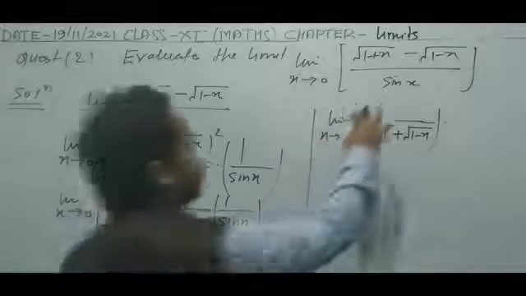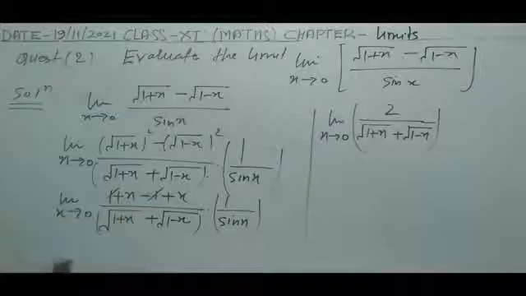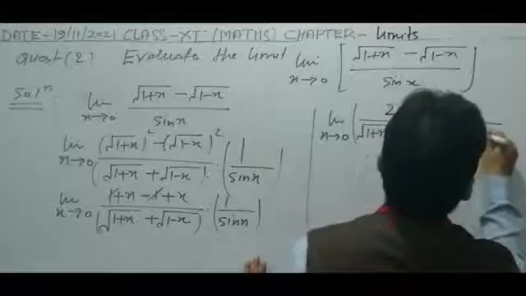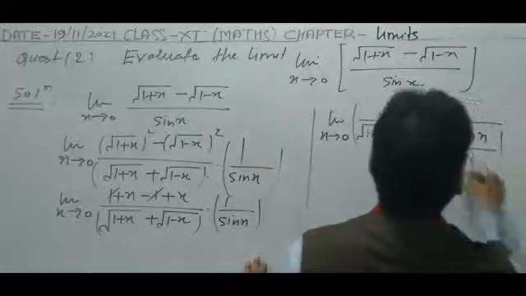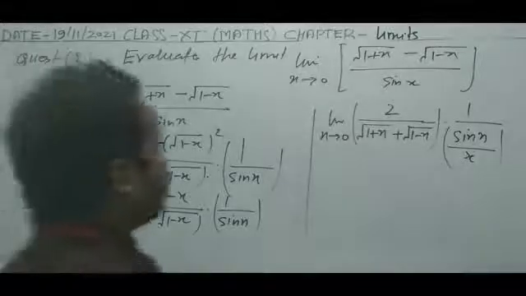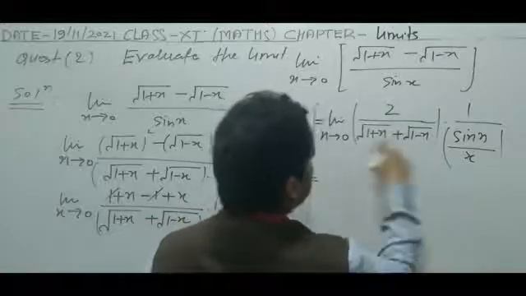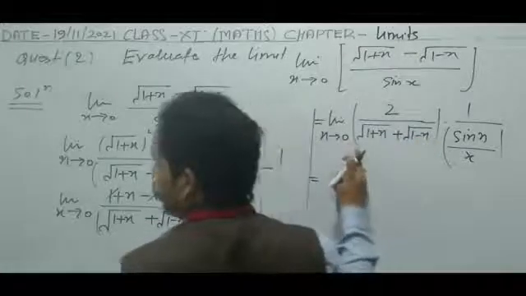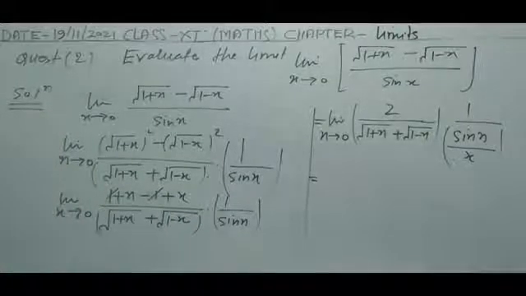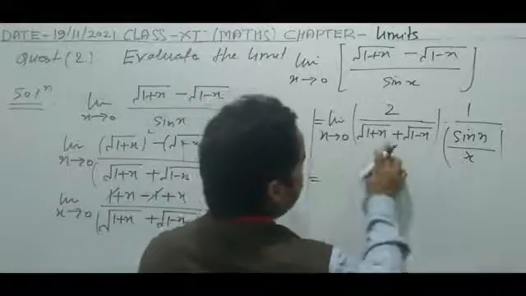this result will be 2x, but x I will transfer in denominator. So how it can be transferred? So 1 upon sin x upon x we can write. Clear? Now when you will operate limits in both expression, x tends to 0, this will be root 1, this will be root 1 also.